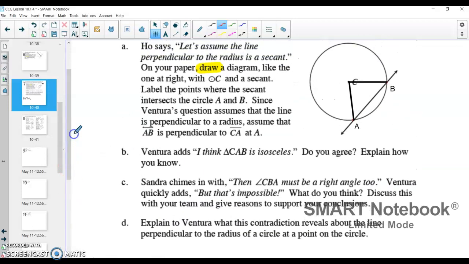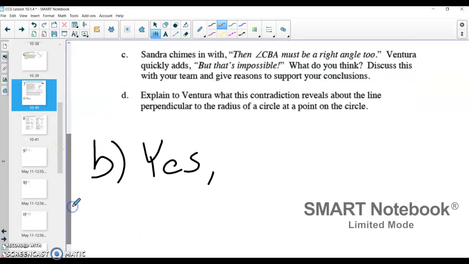I say this is isosceles because CA is the same distance as CB, because they're both radiuses of the same circle. And so that's what I'm going to say.